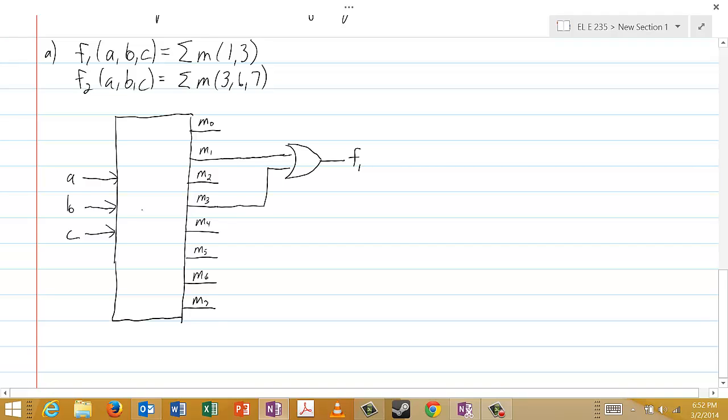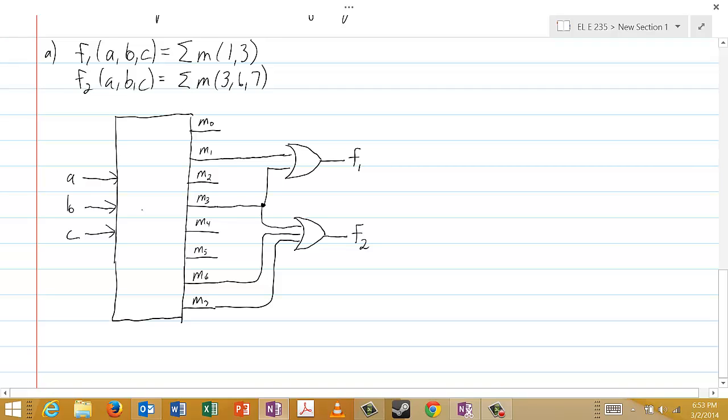And then for F2, we want, once again, M3, M6, and M7, and there would be F2.